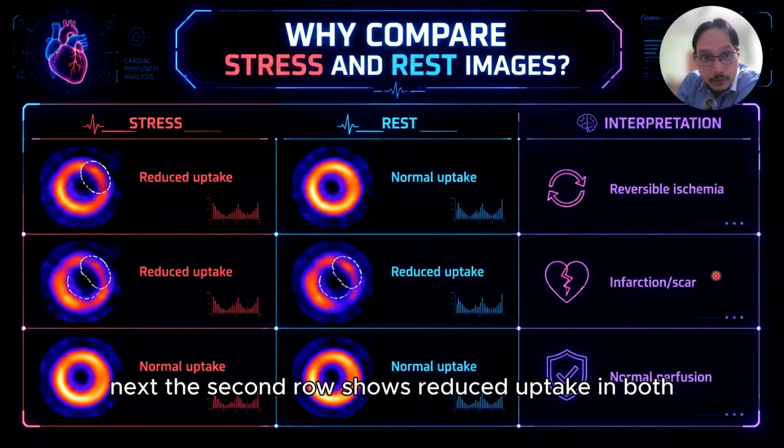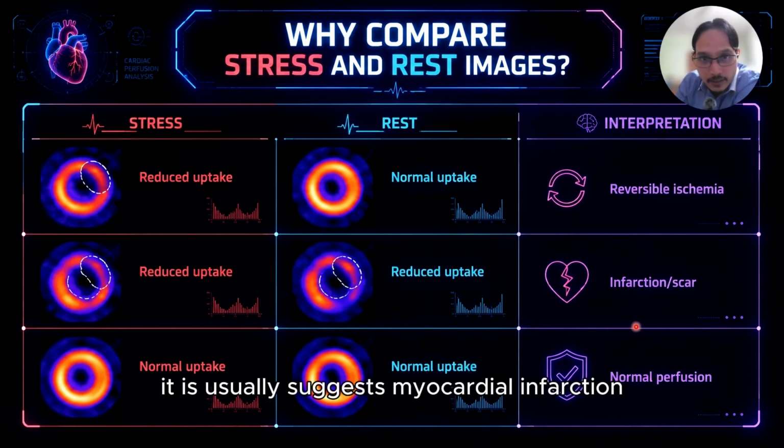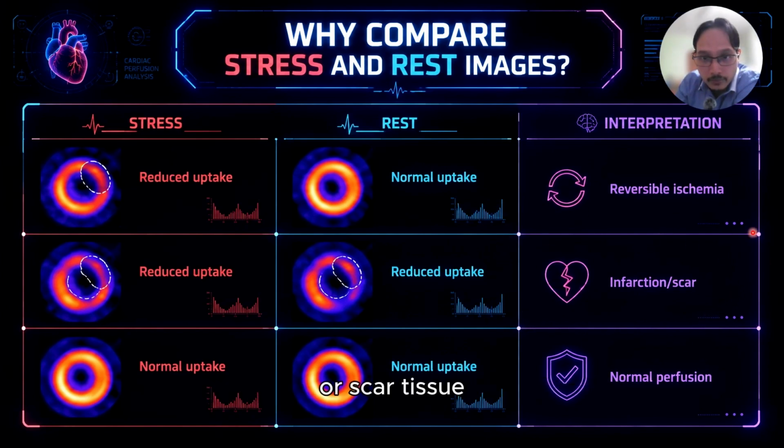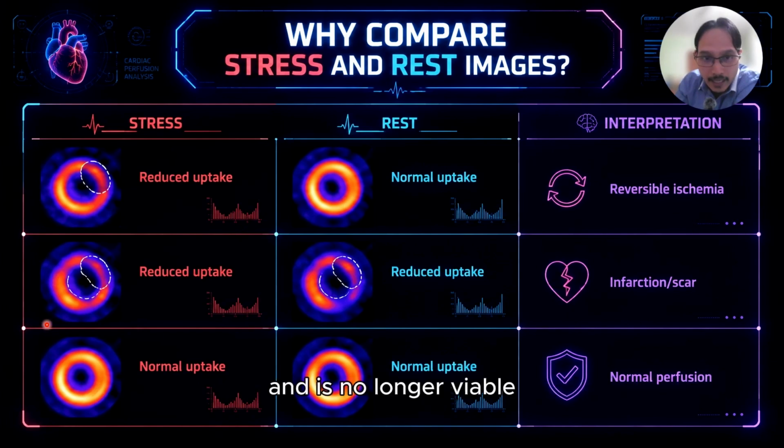Next, the second row shows reduced uptake in both stress and rest images. This is known as a fixed defect. It usually suggests myocardial infarction or scar tissue, where part of the myocardium has been permanently damaged and is no longer viable.